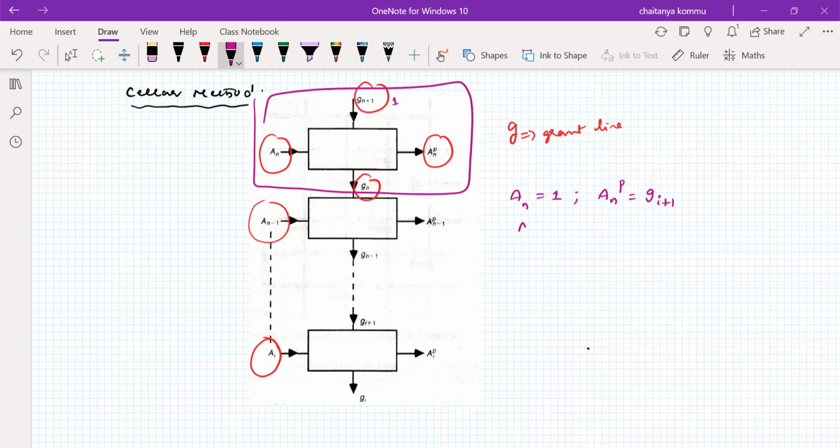If not, for example A(n) is equal to 0, then A(n) of P is equal to 0. Then we are giving the provision to the other state, so we have to give access to the other block.